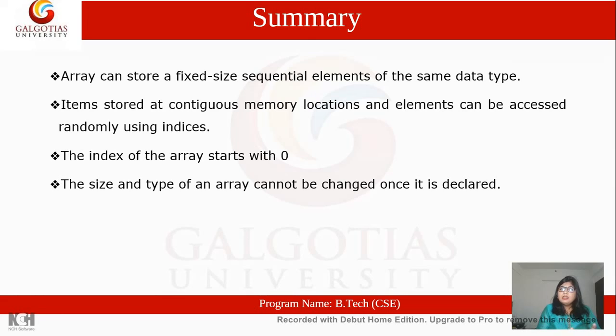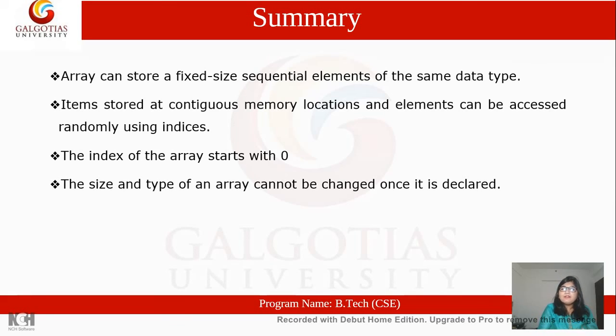The items are stored at contiguous memory locations, and elements can be accessed randomly using indices. We have seen in the memory presentation that contiguous memory locations are chosen to keep the items. There will be no gap in the memory location.